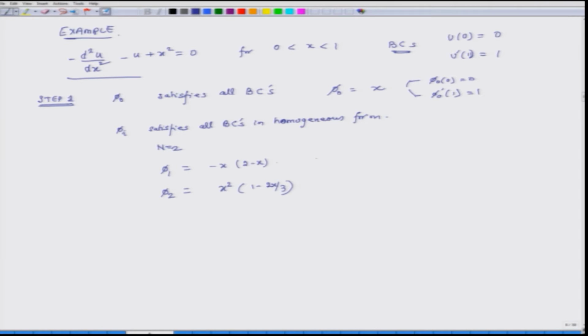So this satisfies both the boundary conditions in homogeneous form, this is very important, and the same thing is true for phi 2 also. So phi 1 and phi 2 have to satisfy the homogeneous form of the boundary conditions, while phi naught satisfies the actual boundary conditions. So this is important.